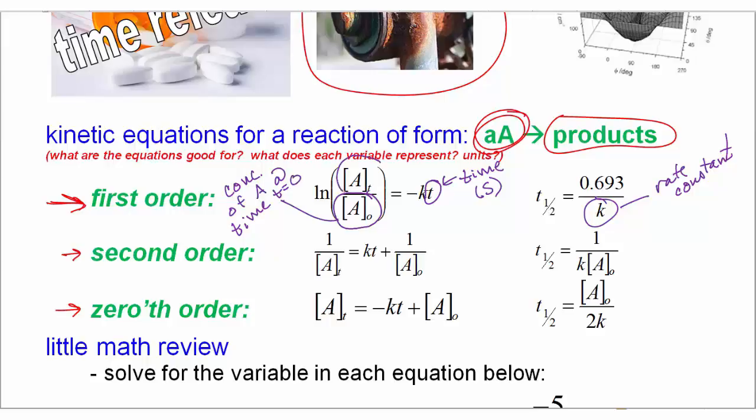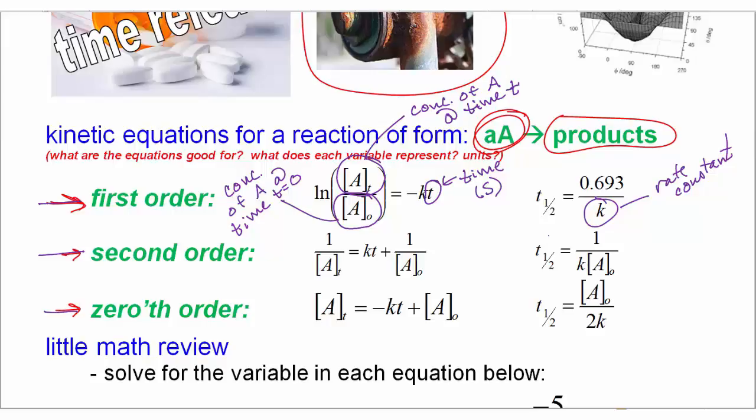And then we have brackets with a subscript T. So that will be the concentration of A at time T. So if T is 20 seconds, bracket A with a subscript T will be the concentration of A at 20 seconds. So depending on whether it's first order, second order, or 0th order, you have a different equation to solve for, whether it's the concentration of A at time T or the original, that sort of thing.